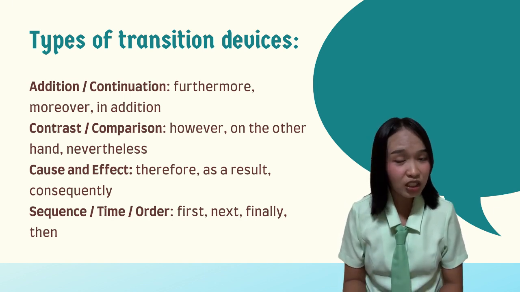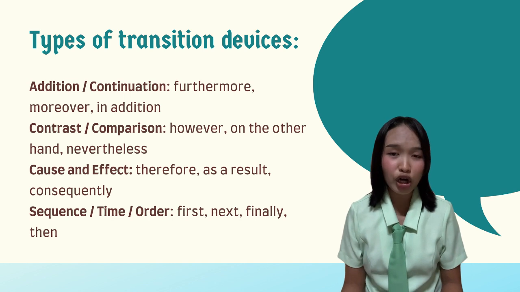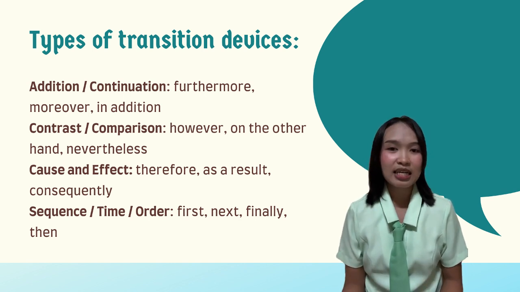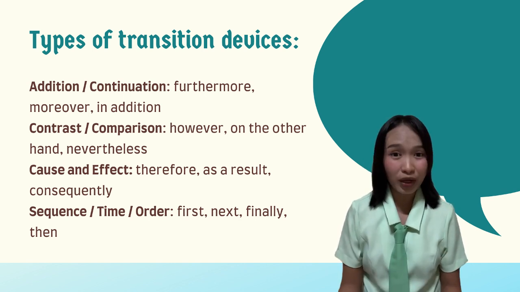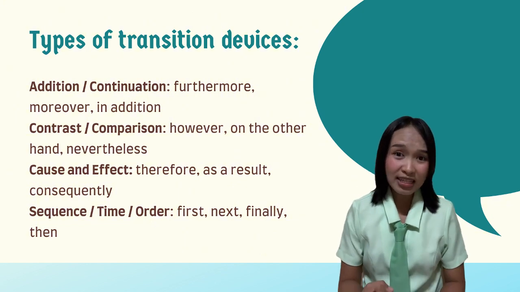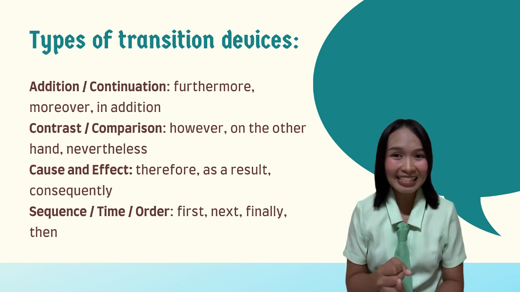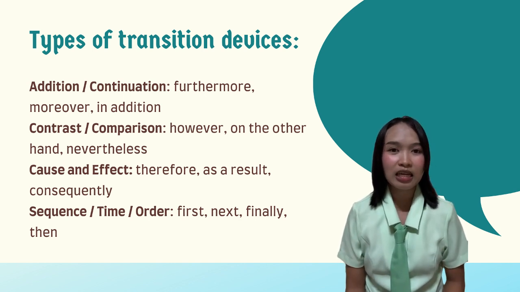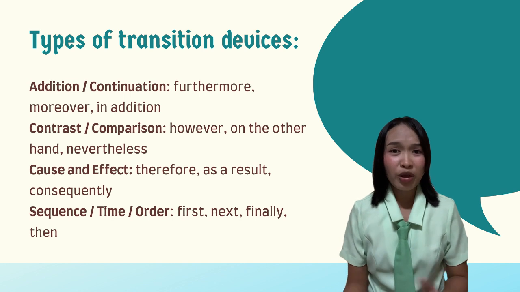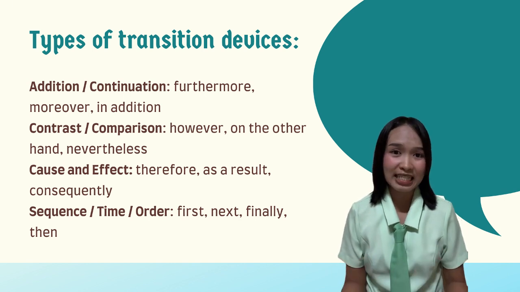For cause and effect, we have therefore, as a result, and the word consequently. For sequence, time, order, we have first, next, finally, and then. Without transitions, informational text can feel choppy, and ideas may seem disjointed or abrupt.